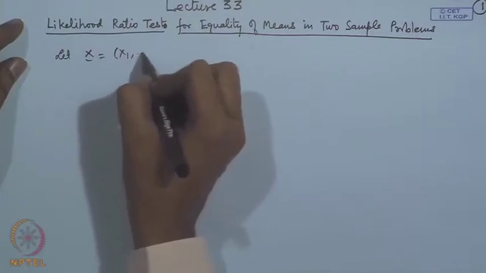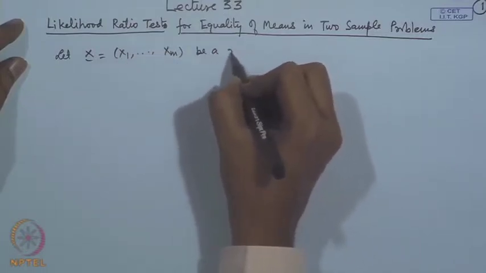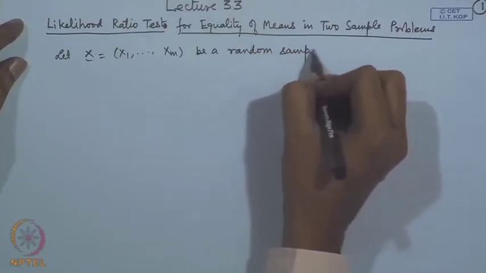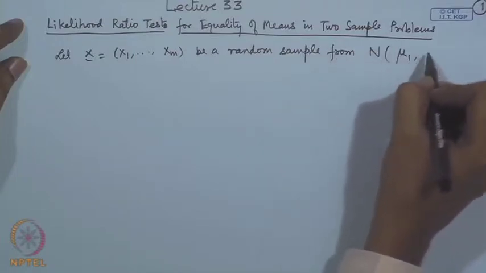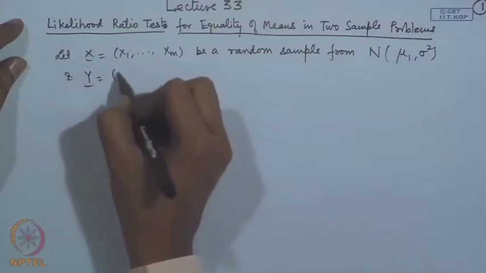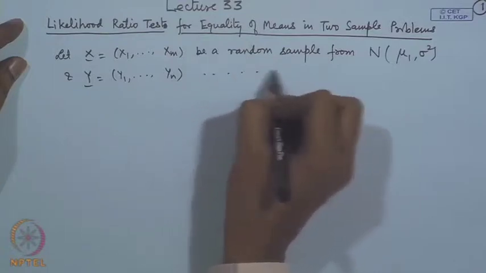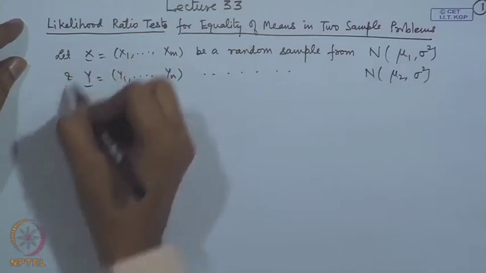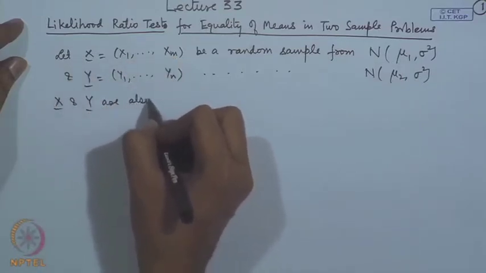Let x 1, x 2, ..., x m be a random sample from normal mu 1, sigma square distribution, and y 1, y 2, ..., y n is a random sample from normal mu 2, sigma square, and x and y are also independently taken.